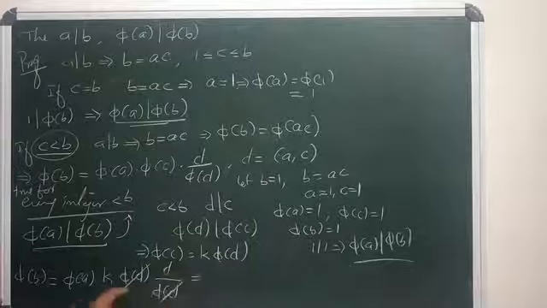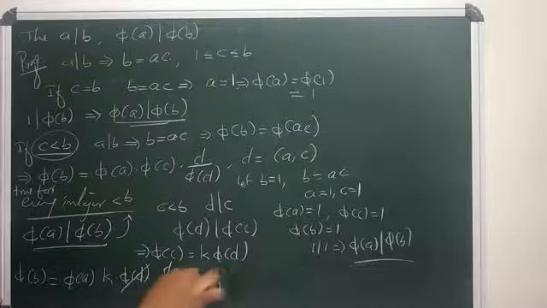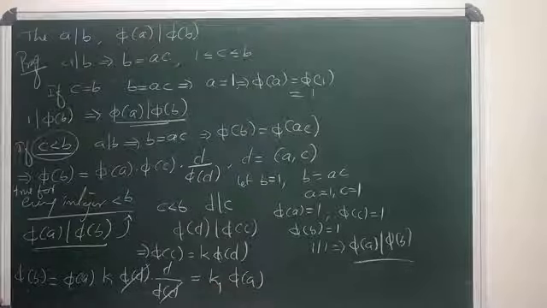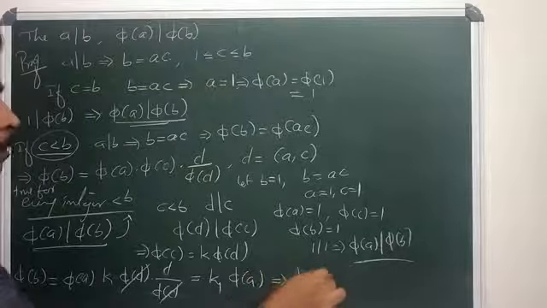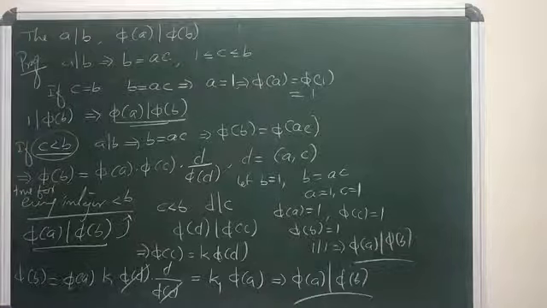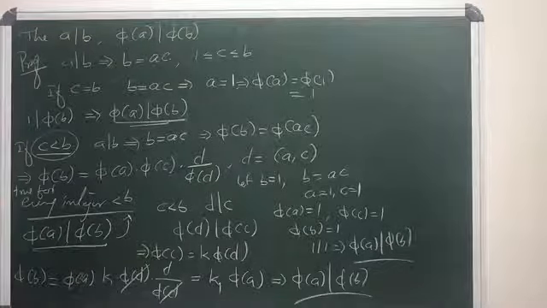What remains? K into D. K is an integer, D is an integer, K into D is also an integer. Suppose it is K1. So phi of B equals K1 into phi of A, which means phi of A must divide phi of B. So the result is true for every integer B by induction hypothesis.